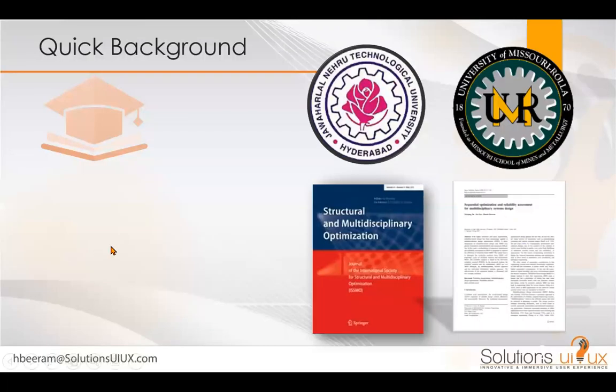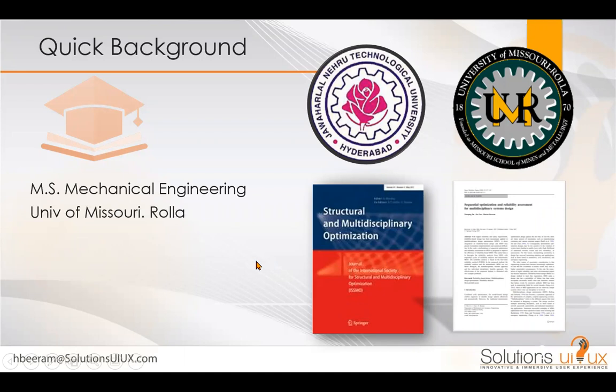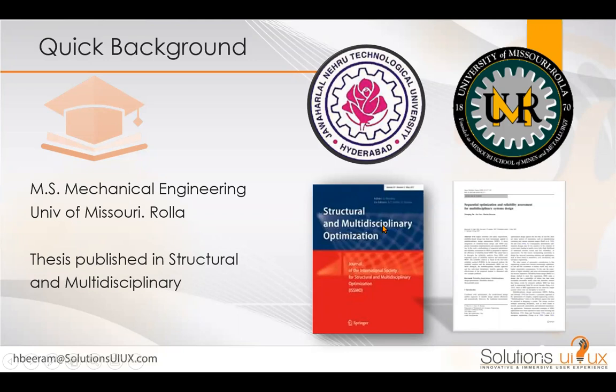Okay. So a quick background on myself. I have my bachelor's degree from India in mechanical engineering, and then I came to the United States right away and went to University of Missouri Rolla near St. Louis, and I did my mechanical engineering over there. My thesis was published in Structural and Multidisciplinary Optimization.